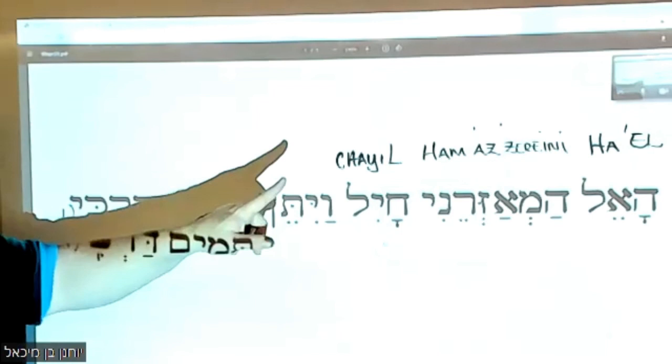Then we pick up the Y sound and the kirik, yi. So then we have this tav, and it's got a dagesh inside. So what are we going to do with it? We can double it, because it's following another vowel point, right? So this goes from being yi to yeet.